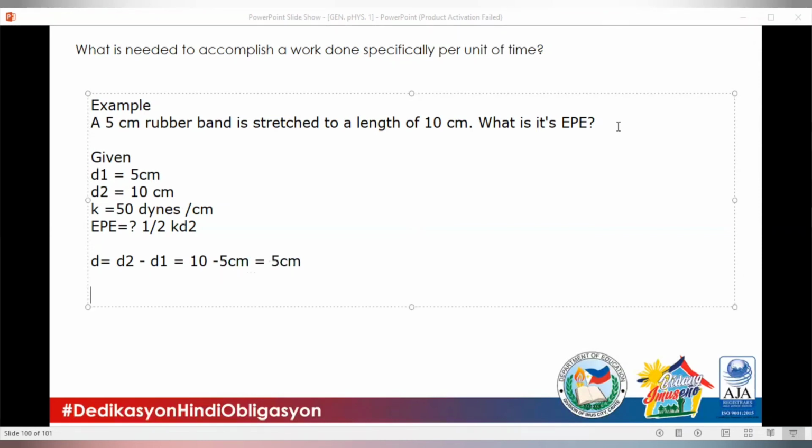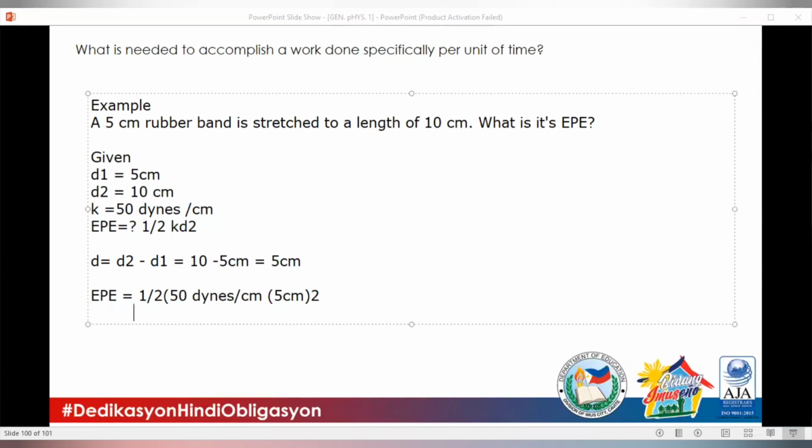Therefore, your EPE, elastic potential energy, is equals to 1/2 times your elastic constant of rubber is 50 dynes per cm times 5, your d squared is 5 cm squared.